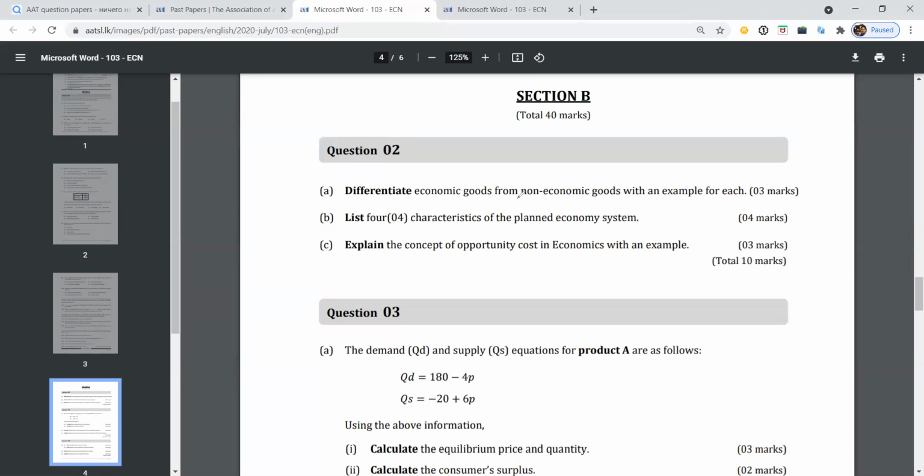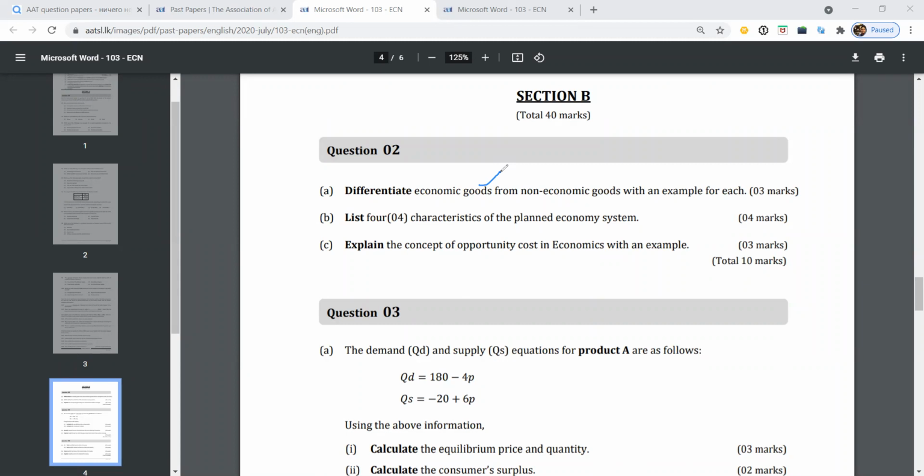Differentiate economic goods and non-economic goods with an example. Economic goods are the things, we can say products, which are made by organizing other factors of production, and therefore have a cost of production and an opportunity cost associated with them.